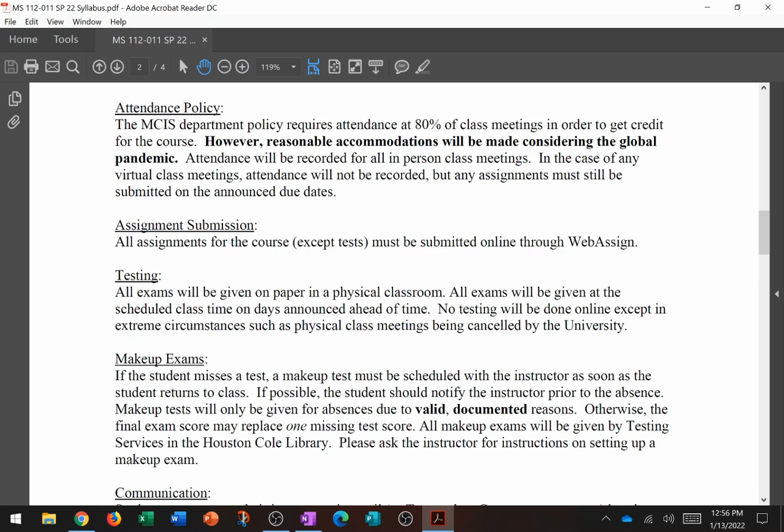Hopefully we don't get to that point, but just in case, know it's a possibility. That's why we're listed as blended, just in case. The plan is to do it as normal in class as possible. Questions on assignments or tests?